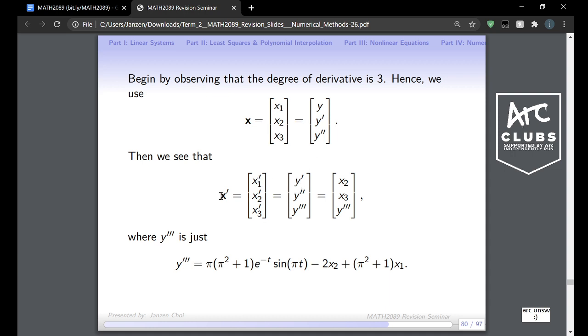So as you can see here, we want to equate the x dash terms with expressions involving x1, x2, and x3. So x1 dash is equal to x2, x2 dash is equal to x3, and x3 dash is equal to y triple dash, which is also equal to this expression here, just an expression of x1s, x2s and t's, which are fine.